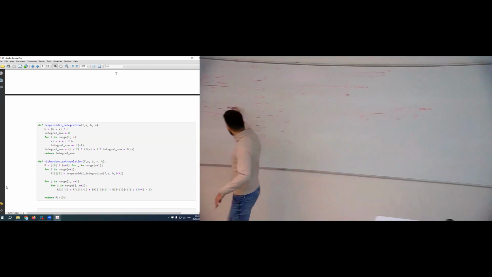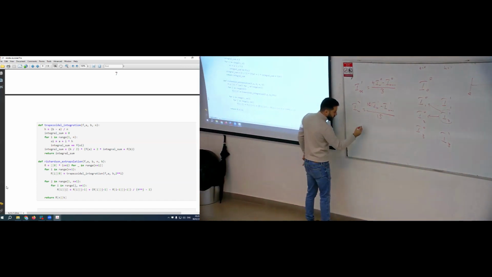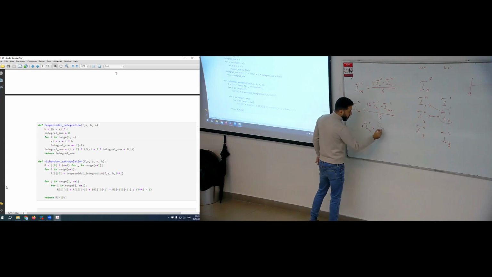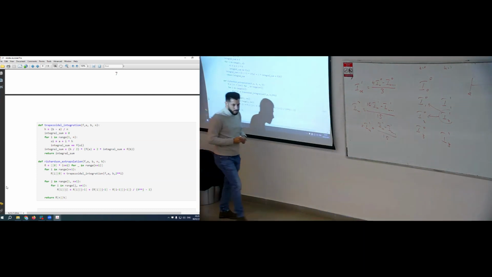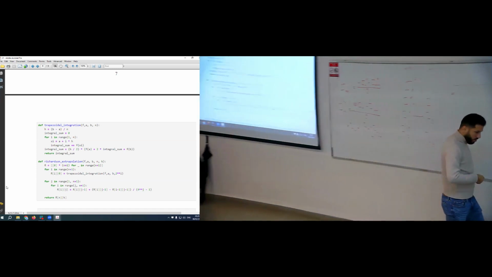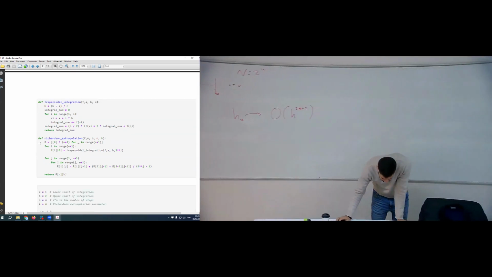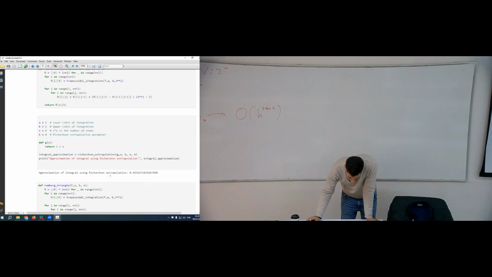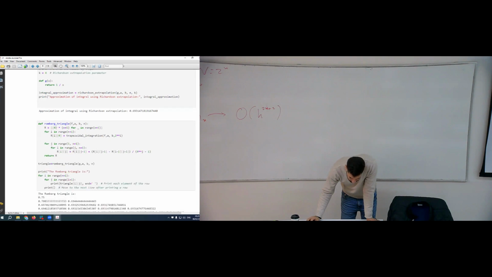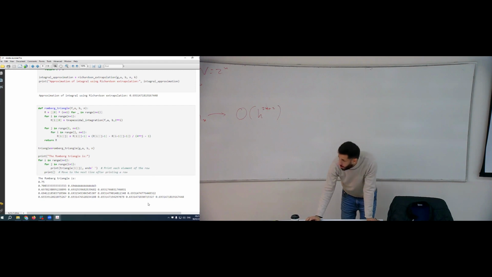So when we write it this way, we can say also that this is I_n,k plus (I_n,k minus I_n-1,k) over a factor. Okay, so that's how I wrote it here. And here's my example. And also I wrote the function which gives me the triangle itself. Here is my triangle.